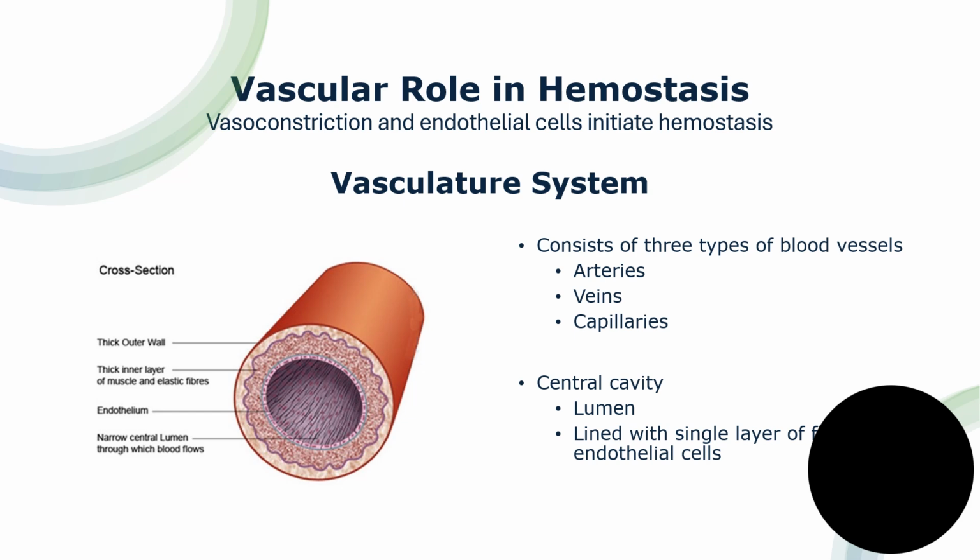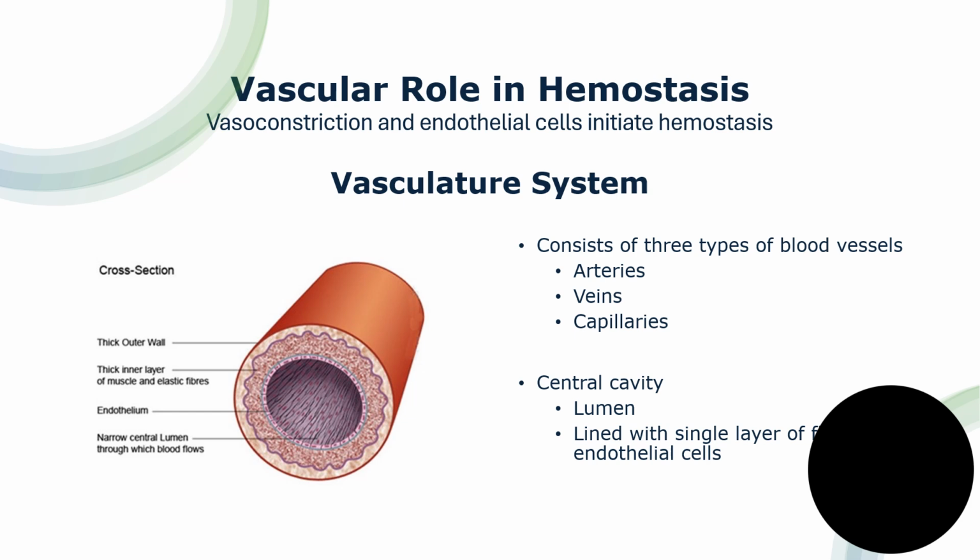Within hemostasis, the vascular role is really to vasoconstrict and initiate the hemostatic process. But let's talk about the vasculature system and what it entails. First, the key components of the vascular system include arteries, which carry oxygenated blood away from the heart to the tissues. They have thick muscular and elastic walls that allow them to withstand and regulate high pressure created by the heart's pumping action.